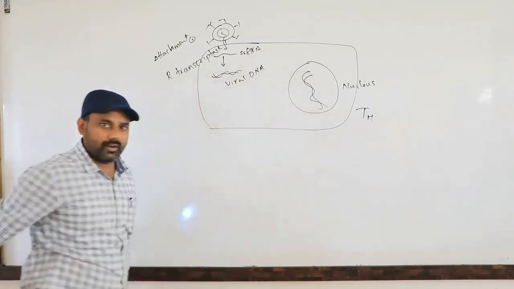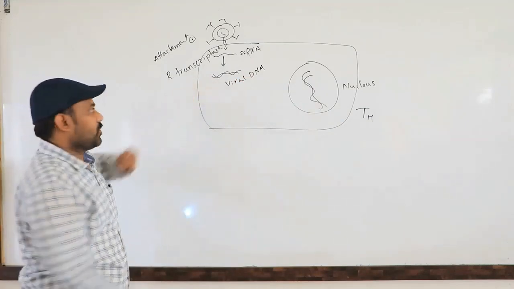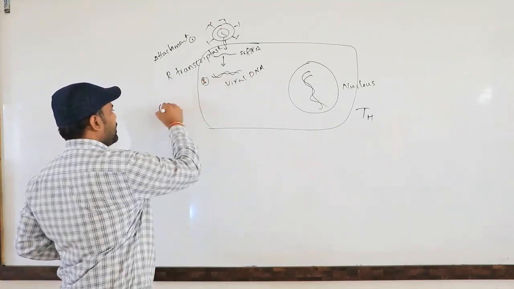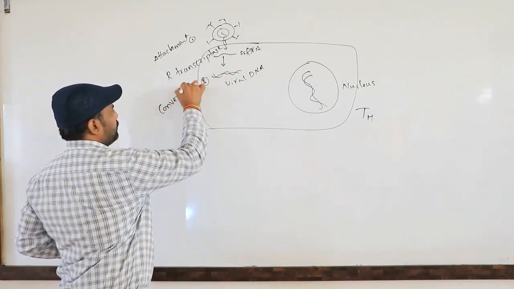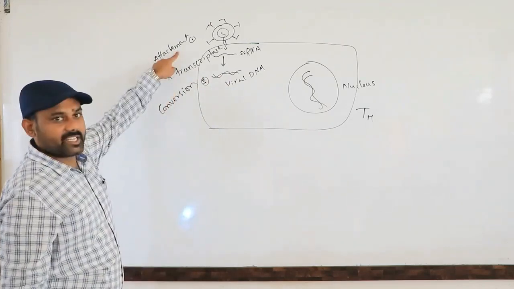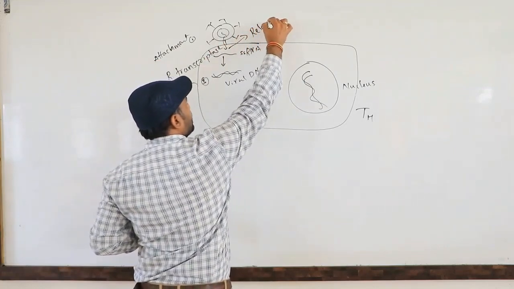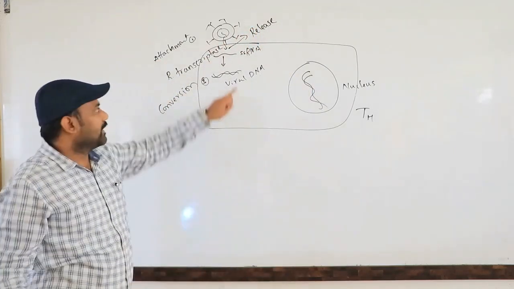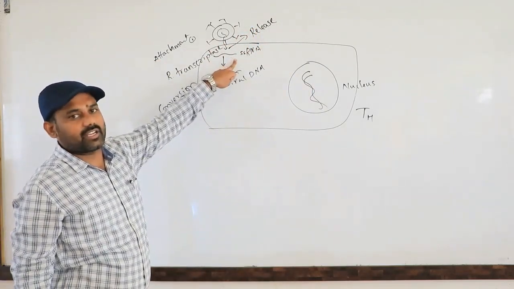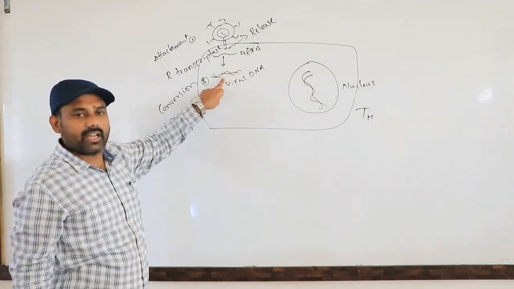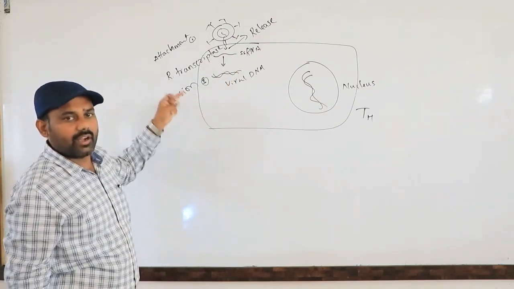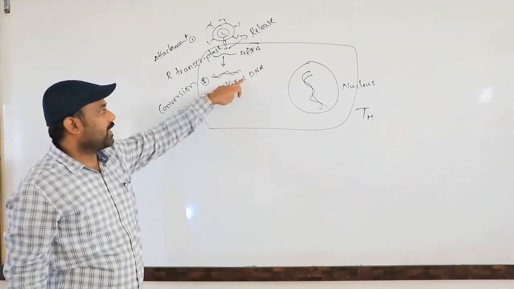Do remember, now it is called viral DNA. This process is the third step, conversion. First one attachment, second one release, and after release the single stranded RNA is converted into double stranded DNA, called conversion. Now it is considered viral DNA.